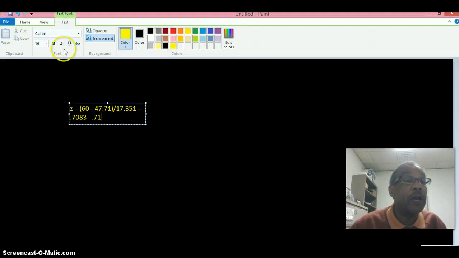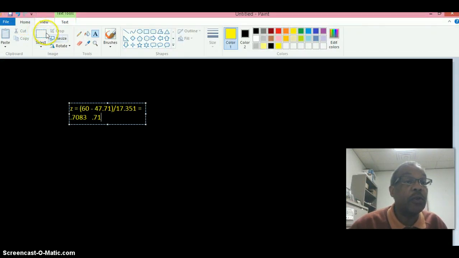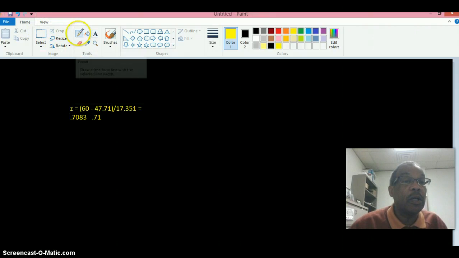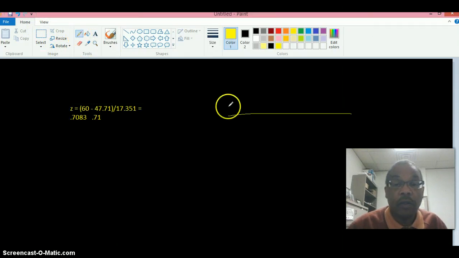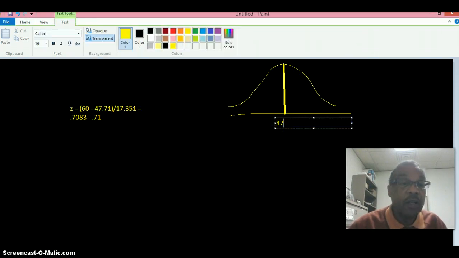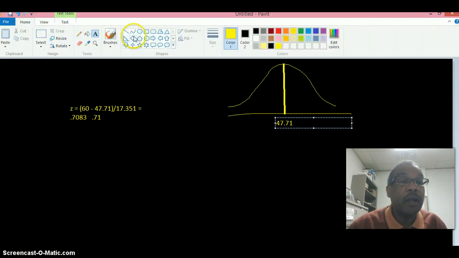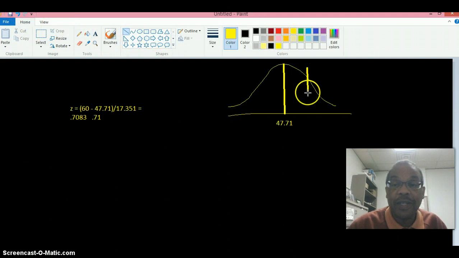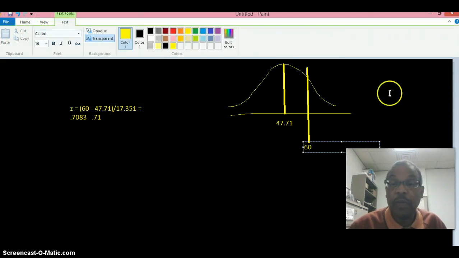So one other thing we'll have to do is build our normal curve, and the mean for our normal curve is 47.71, and we are comparing that with 60, which is our score, and so this is where 60 would be.